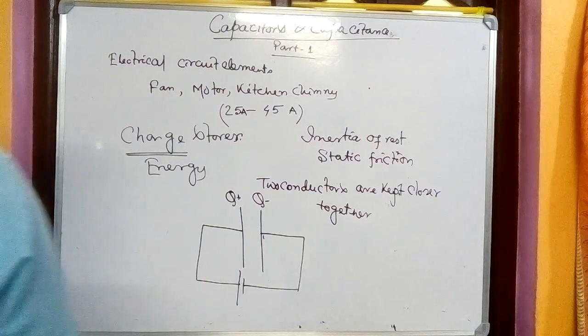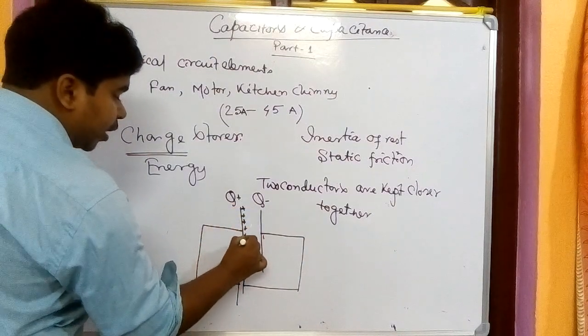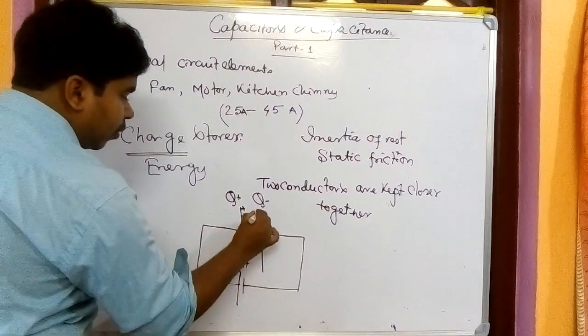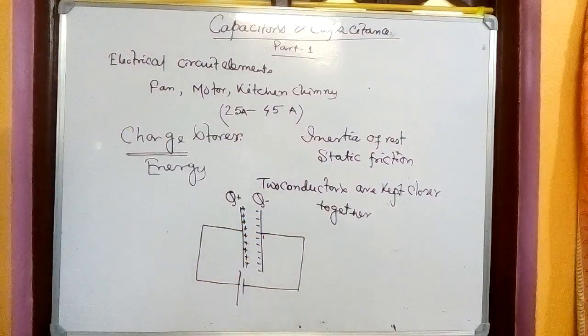Because whatever positive charges come, due to induction the same amount of negative charges will also come there, and in this way we are able to store electric charges. That is our capacitor. I think the idea of a capacitor is clear enough.